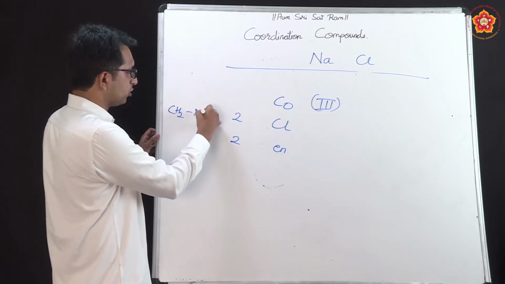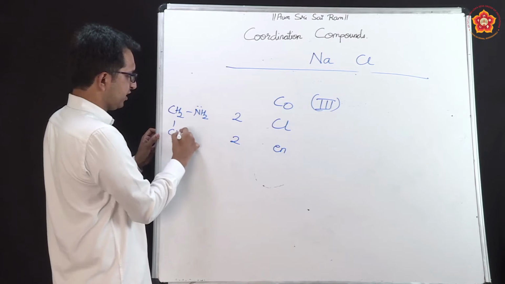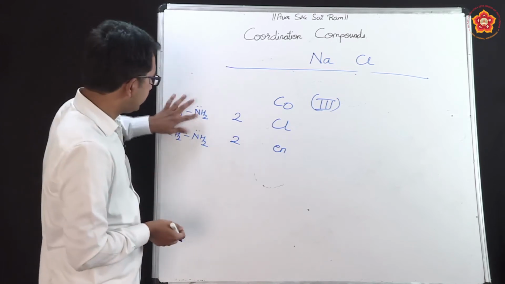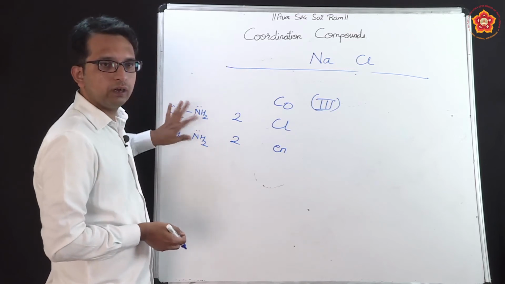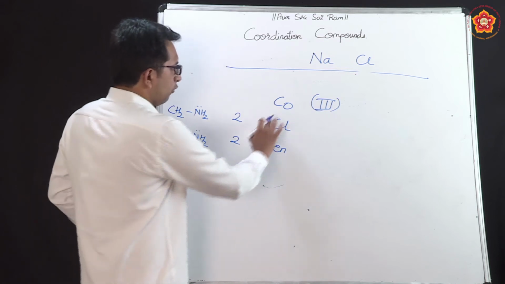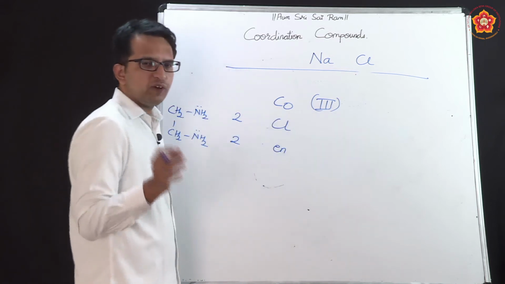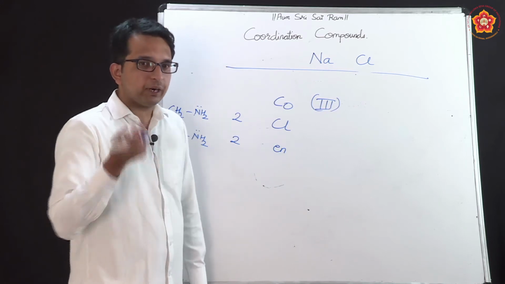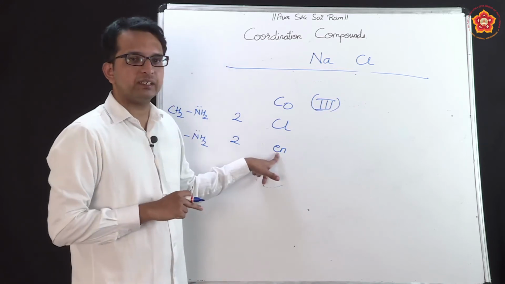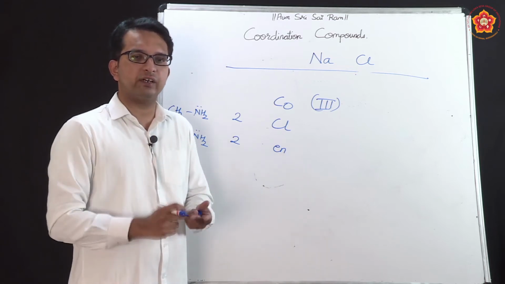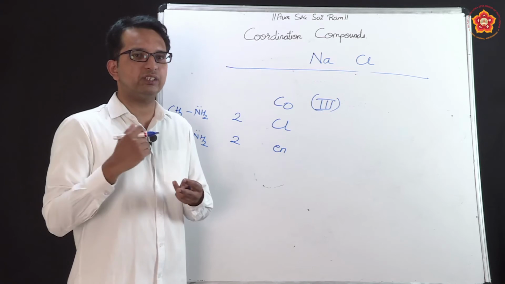We have already come across this. In the short form we write it as en, but it indicates that there are 2 electron donor pairs available. When we write this compound, if a ligand is multiple, we write di, tri, tetra, but if di is already present in the name, we go for another nomenclature called bis, tris, tetrakis, pentakis. This is the nomenclature that we follow.